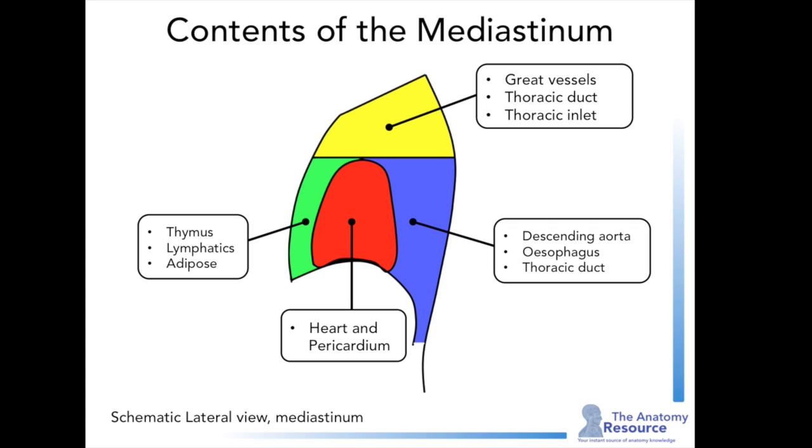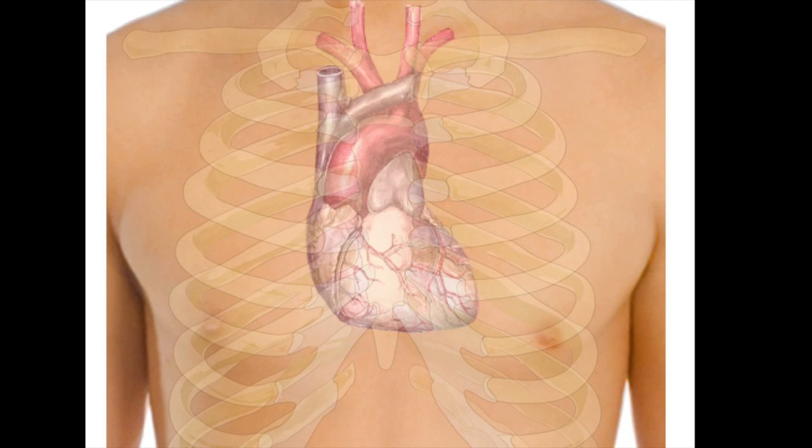This is covered in the tutorial notes, but the angle of Louis is at approximately T4, T5, and that marks a number of important features, including the position of the great vessels, the arch of the aorta, the bifurcation of the trachea into the primary bronchi, etc. So the angle of Louis, or the sternal angle, sitting between level T4 and T5, is marked by that horizontal line just below the yellow portion, just below the superior mediastinum.